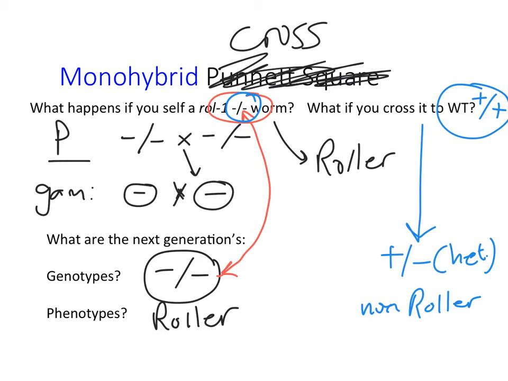Which allele then is dominant? Wild type, right? The F1 doesn't roll, it's wild type. So that tells us that the wild type allele, and that's exactly what we did on the previous slide. You look at the F1, it's wild type, therefore wild type is the dominant allele.